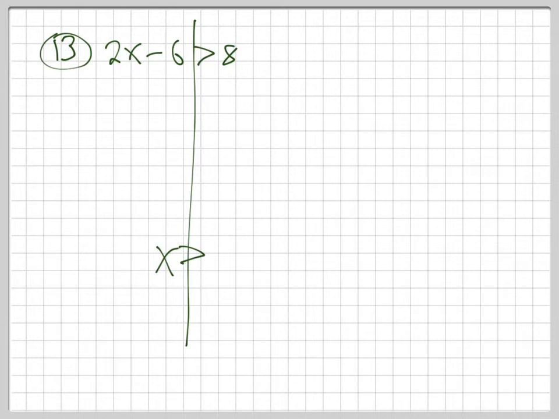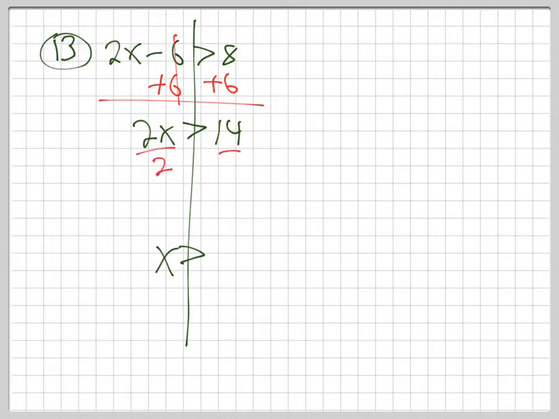So what do we do first? Add the 6 to both sides. Good. And then we get 2x greater than 14. And then last step is usually divide, right? And it is here too. And so it's x greater than 7, right? Now they're going to ask you to put that on a graph and also put that in an interval.